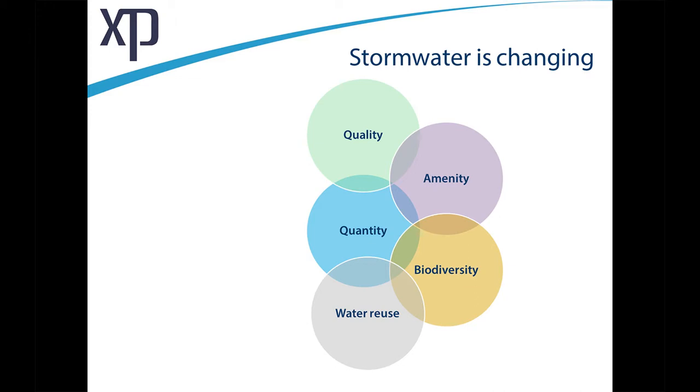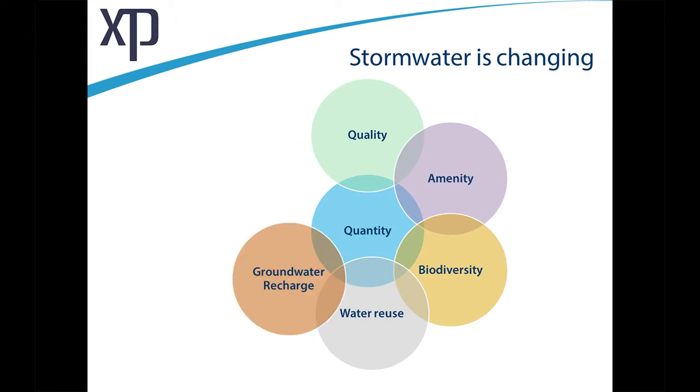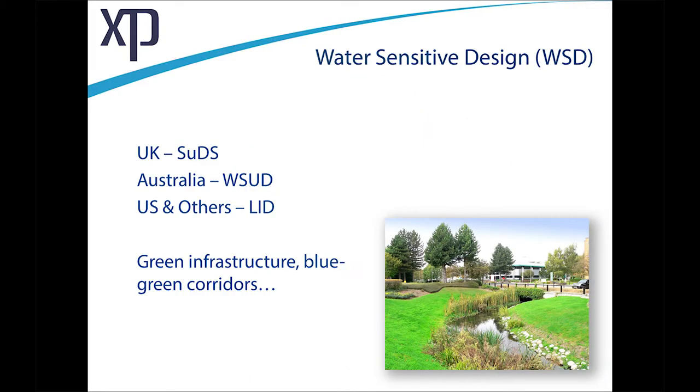Ideally, we also want stormwater that allows recharge of groundwater and streams and encourages evapotranspiration to improve the air quality and to reduce the urban heat island effect. It's a big challenge, but we're seeing some great examples appearing.